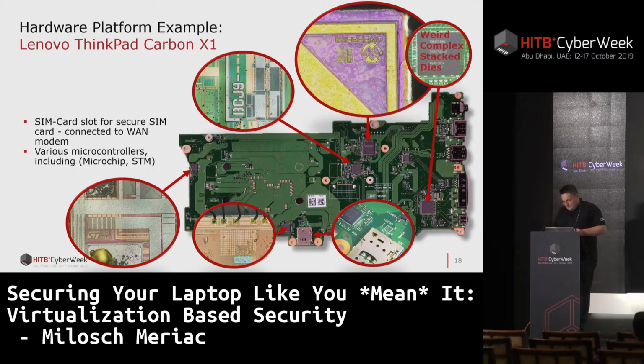There is this one really highly integrated, more integrated than any others, weird complex stacked dice thing in the top right corner. That chip just broke into pieces when I did the decapping, because it was not just multiple levels of chip directly soldered on top of each other, which is something I've never seen.